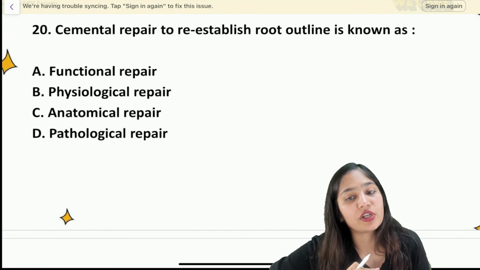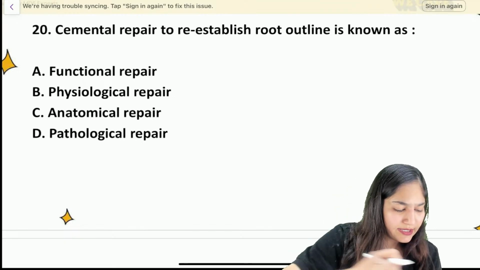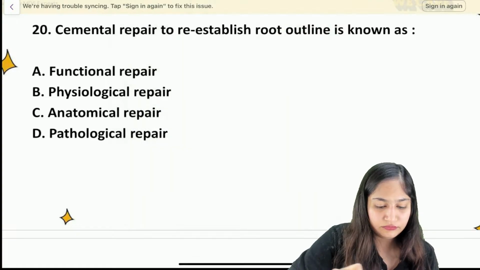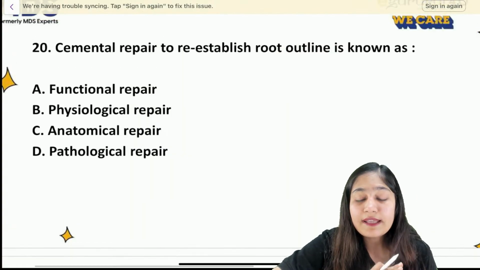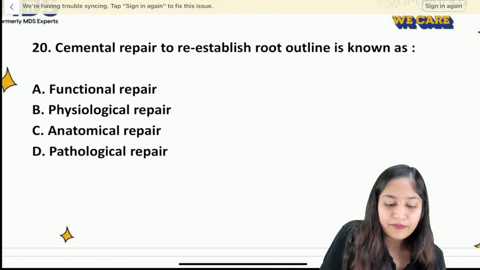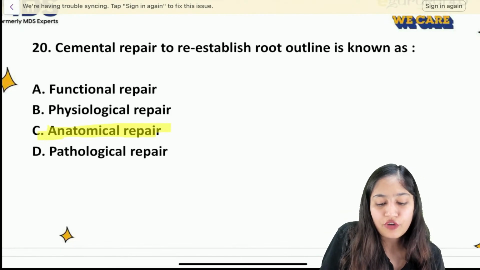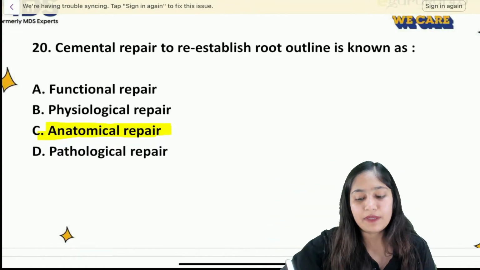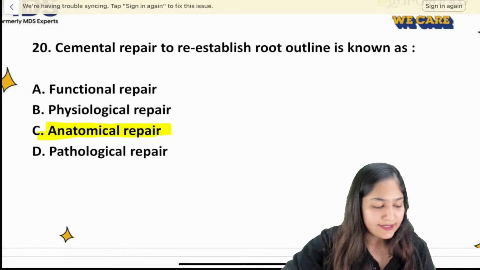Or is it pathological repair? What will be the correct answer here? Re-establish the root outline. So it will be mainly anatomic repair. From the word itself, you can say anatomy of the root is established here.